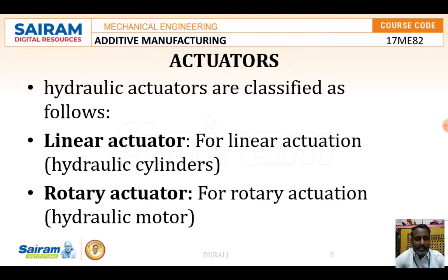These are all the things that take place in the rotary actuator. Normally the linear actuator is simply called an actuator. The rotary actuator is called a motor, a hydraulic motor. This is the common name you can use. So this is about the linear and rotary actuators.